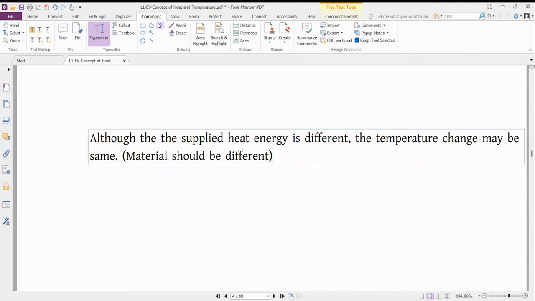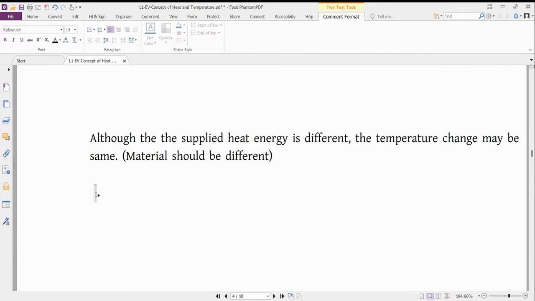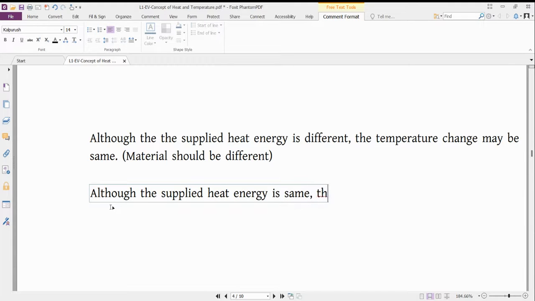Very important information. And also we can write in this way, although the supplied heat energy is same, the temperature change may be different.